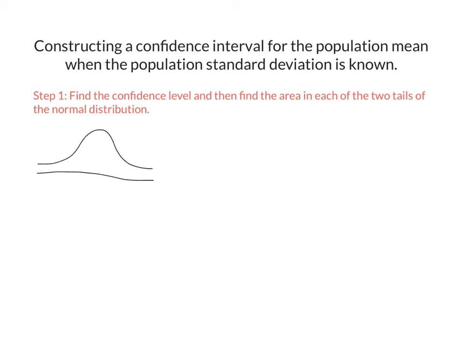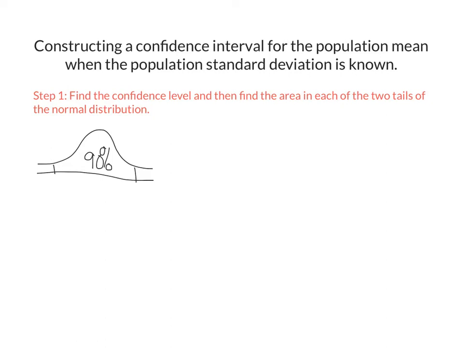I'm going to show you here part of step 1. Let's say we have a 90% confidence level. They'll have to tell you the confidence level in the problem, and if they don't, just use 95%. So if I have a 90% confidence level, that area corresponds to 0.90.